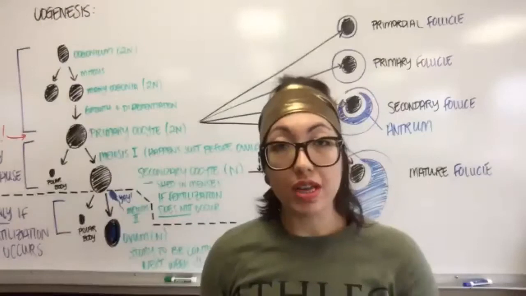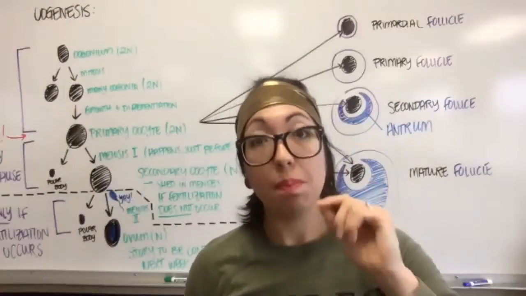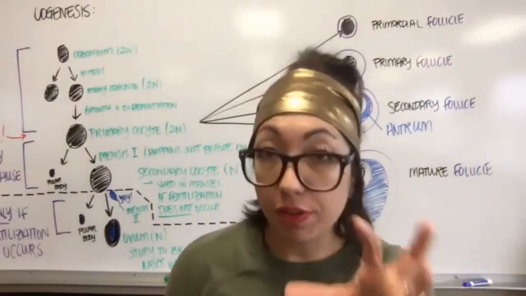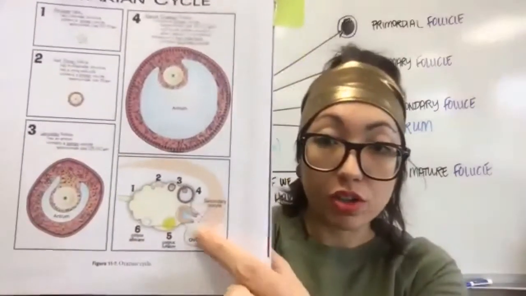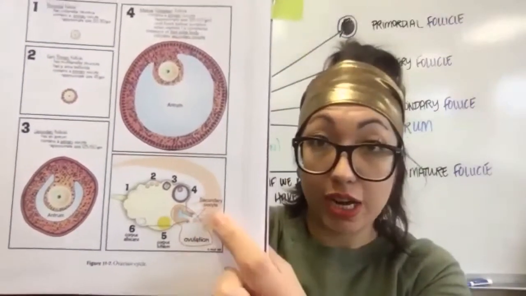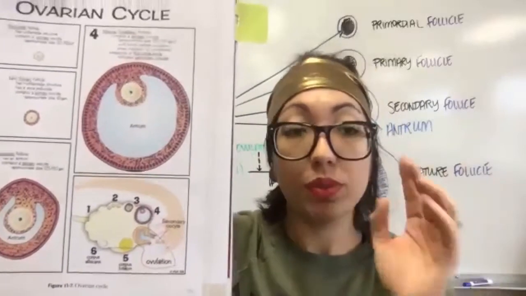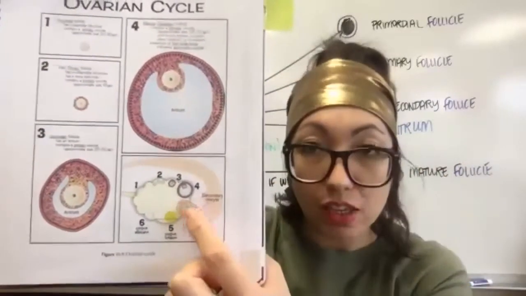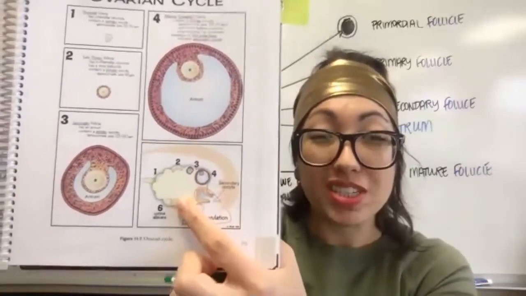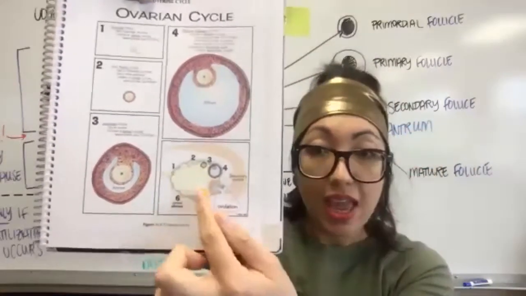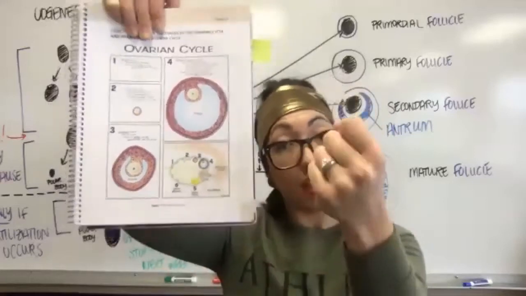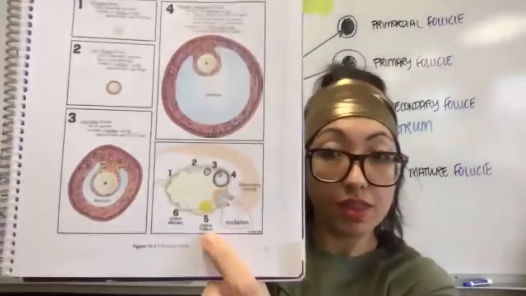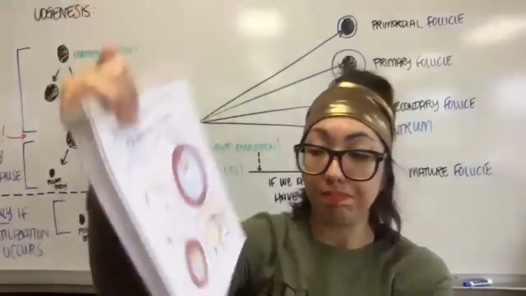A follicle is the oocyte plus the follicular cells. So here during ovulation, the oocyte gets ejected, but what's left behind? Those follicular cells. And those follicular cells are going to stay behind, and they're going to clump together to form the corpus luteum.